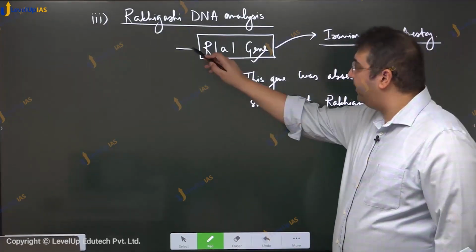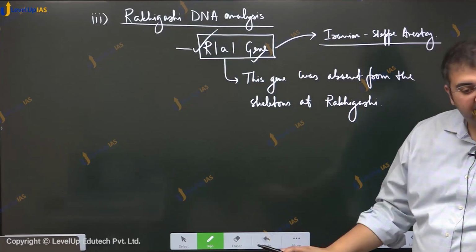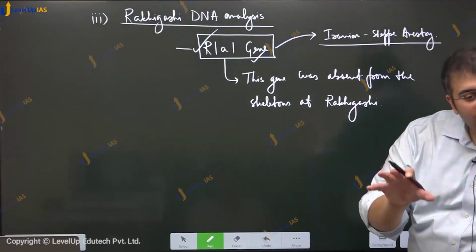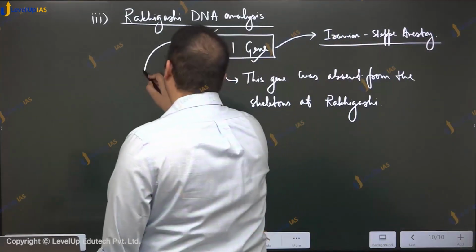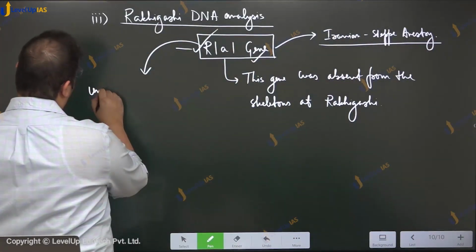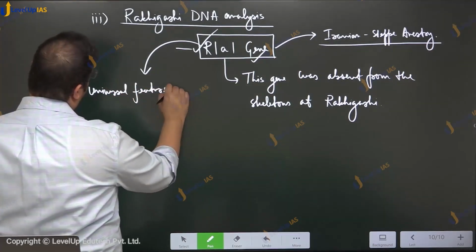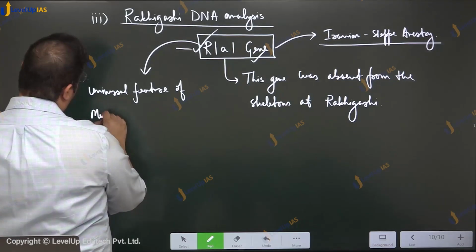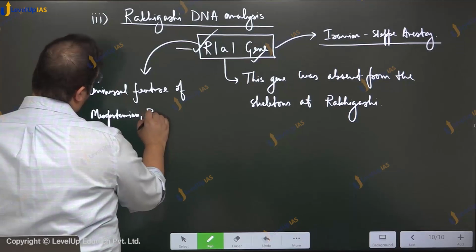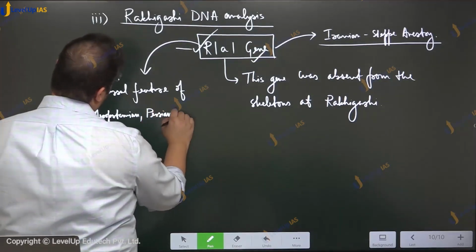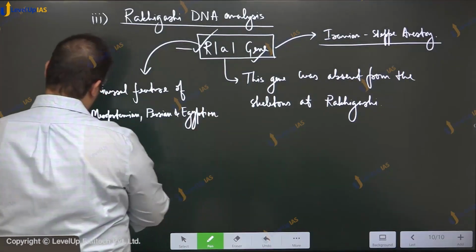But what do we find? That it is a permanent fixture in all of the DNA specimens extracted from graves in Mesopotamian or Persian cities. Okay? So it is a universal feature of Mesopotamian, Persian and Egyptian skeletons.